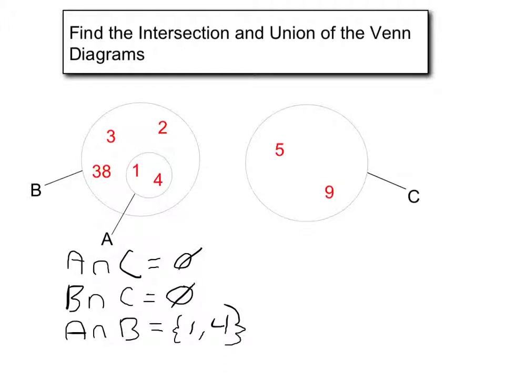Now we must find the union for all the sets. Together, as we can see, set A and B have the numbers 1, 2, 3, 4, 32, and 38. This would be their union.